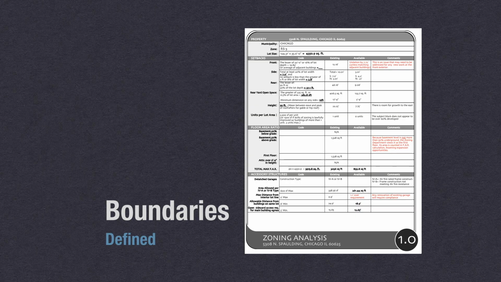Also the floor area ratio, which is how the municipality controls density in certain neighborhoods. So that will tell us, based on the square footage of your lot, how many square feet of new house or addition you're allowed to add to the property before we hit the cap. And then there'll be some information on accessory structures as well.